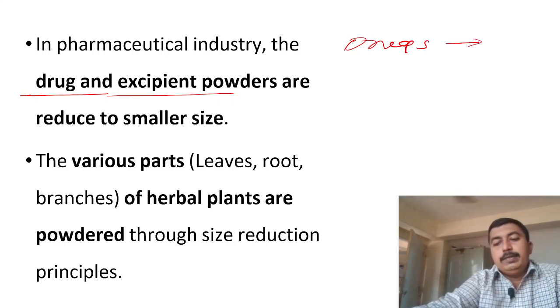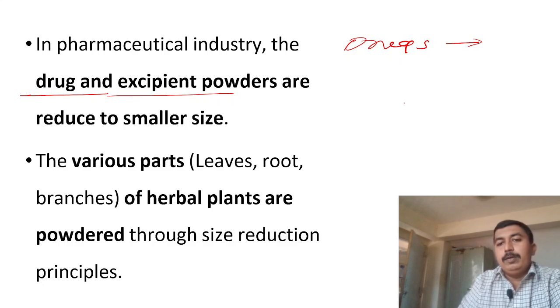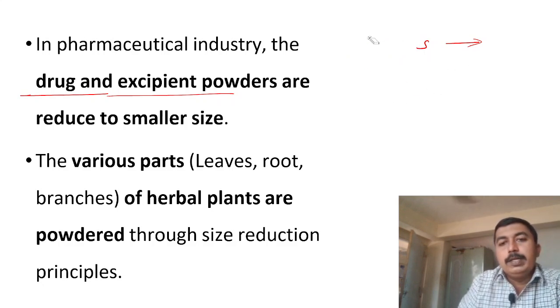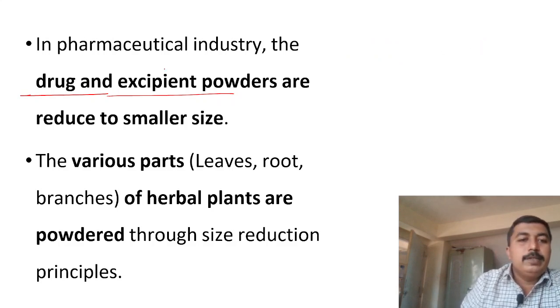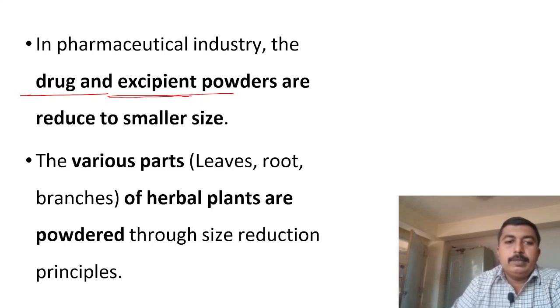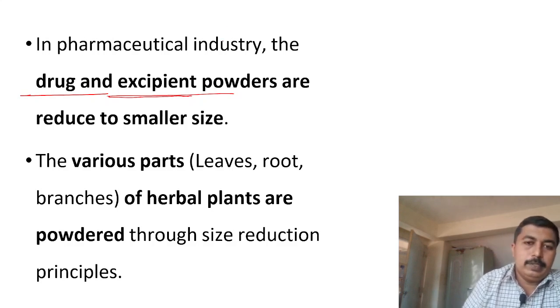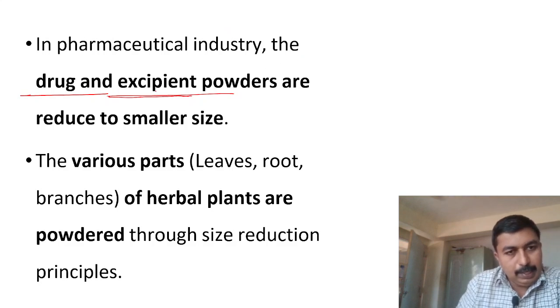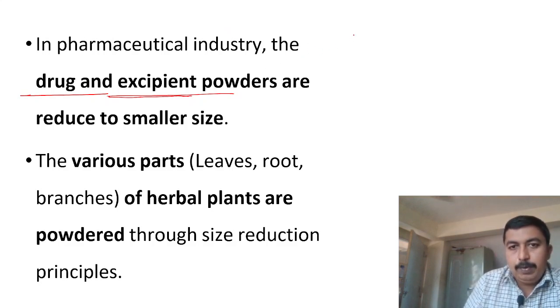So the drugs are basically coarse powder particles, and these coarse powder particles are broken into fine powder particles with the help of the size reduction process. In addition to this, we require excipients also. Excipients are added in the pharmaceutical formulation for various purposes. These excipients are also available in the form of solid powders, and these powders are broken with the help of the size reduction process.